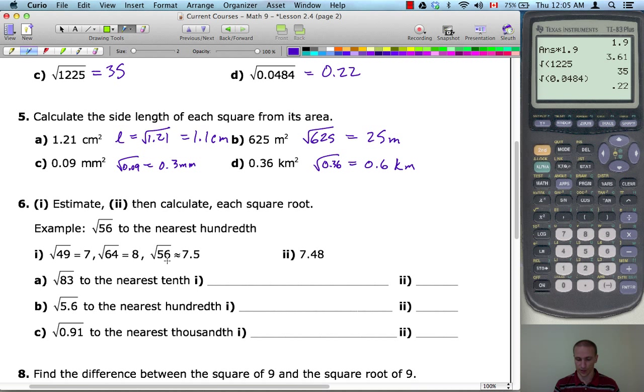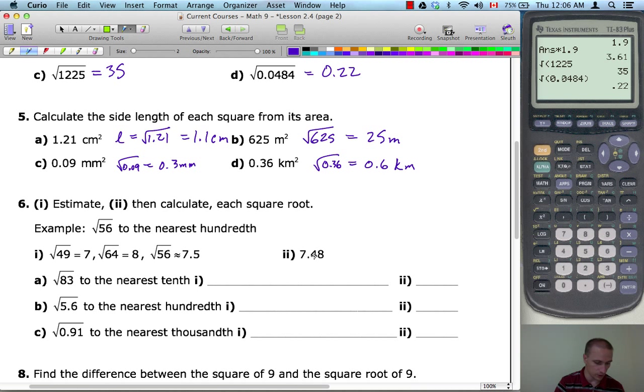So the square root of 56, you can estimate is going to be somewhere in between 7 and 8, probably closer to 7 than to 8. Personally I would have maybe guessed 7.4. 7.48 is the actual one when you calculate to the nearest hundredth.